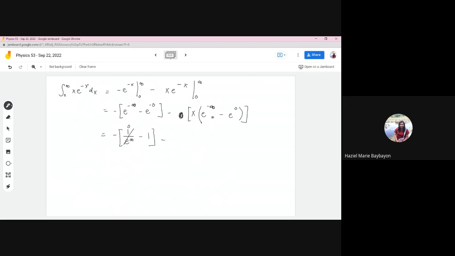So if x is equal to infinity, this term here will become 0 man eh. Kung infinity siya, infinity times, mali ni siya akong gibuhat actually, sorry.